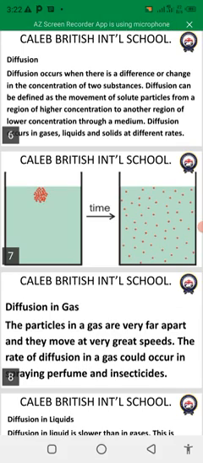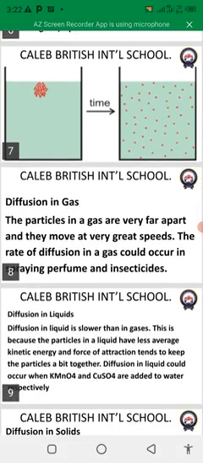And diffusion occurs in gases. It occurs also in liquid and solid at different rates. You can see these two diagrams.